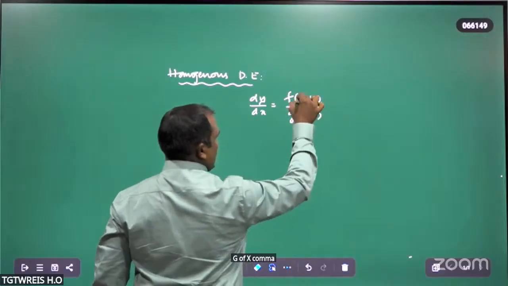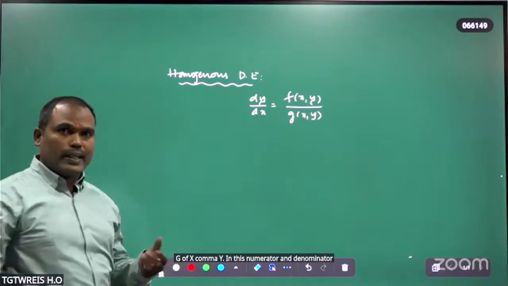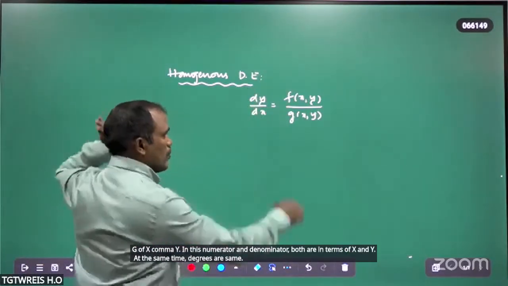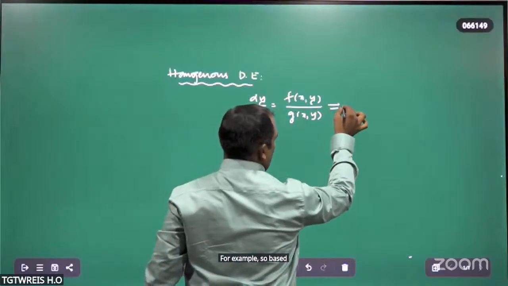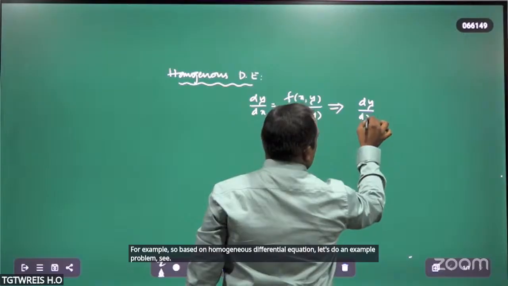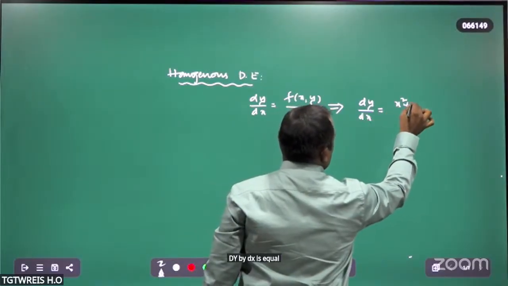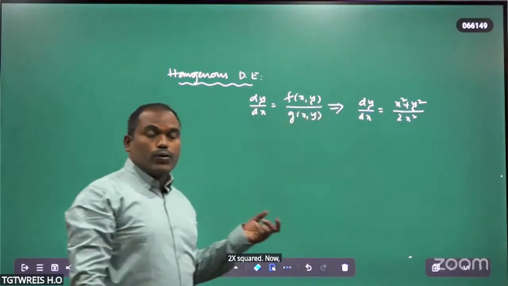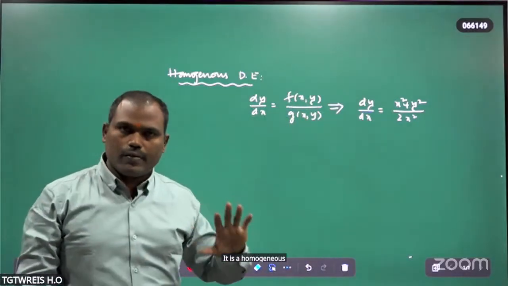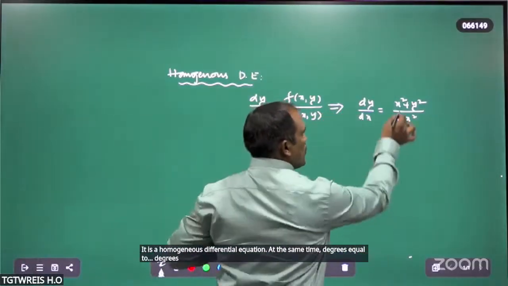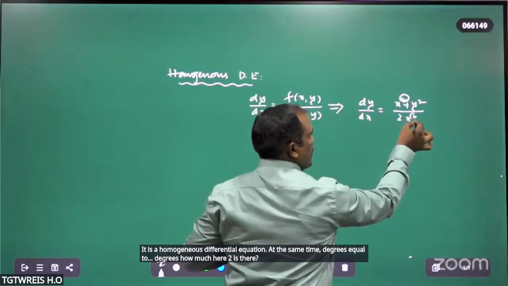In this, numerator and denominator are both in terms of x and y, and at the same time the degree is the same. For example, dy by dx is equal to (x square plus y square) by 2x square. It is a homogeneous differential equation. The degree is 2 in the numerator, and in the denominator the degree is also 2.